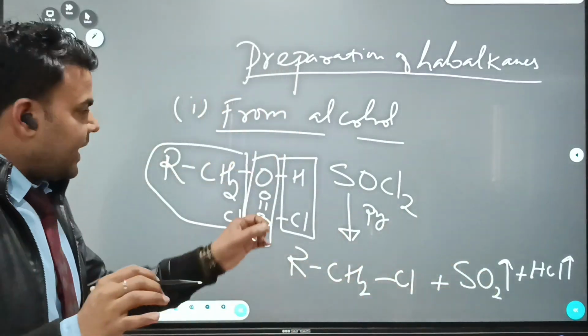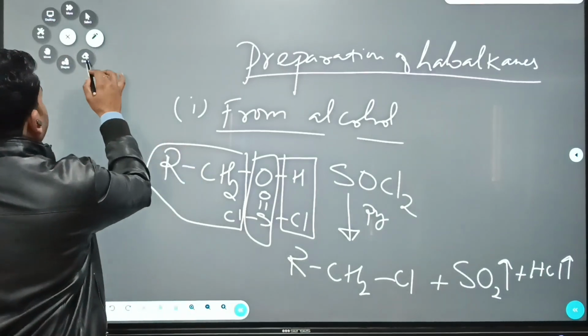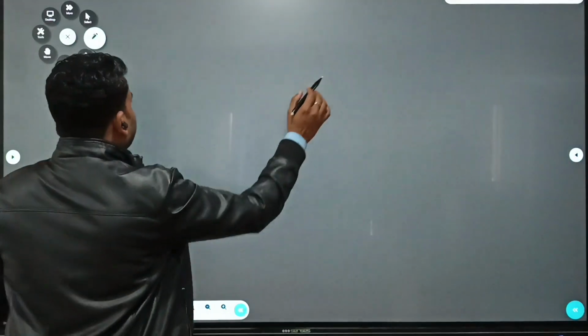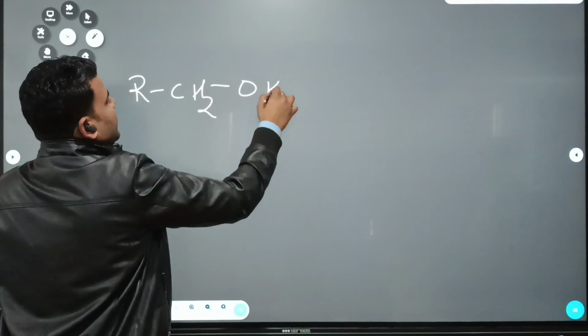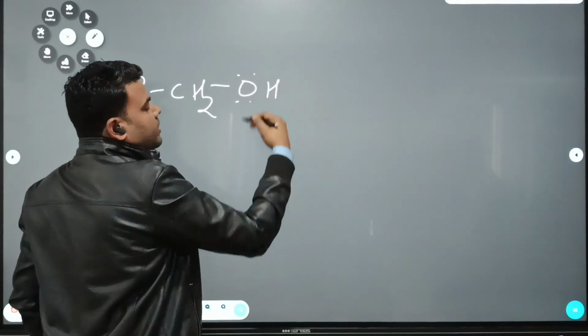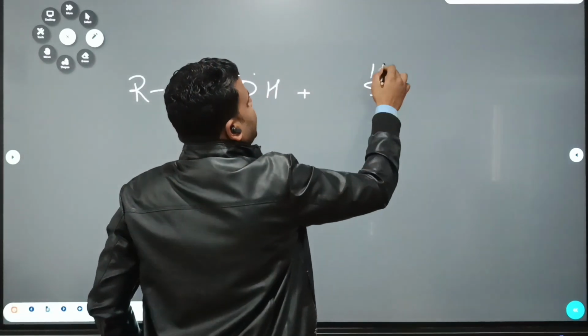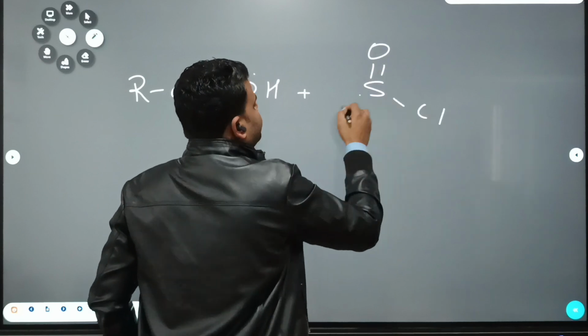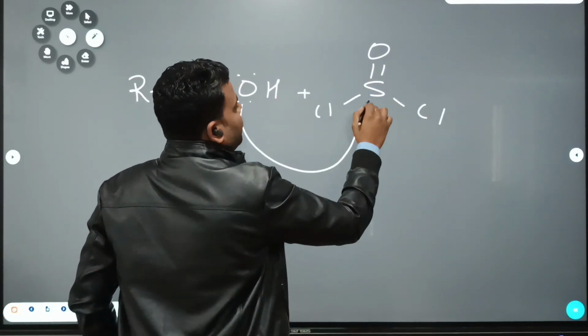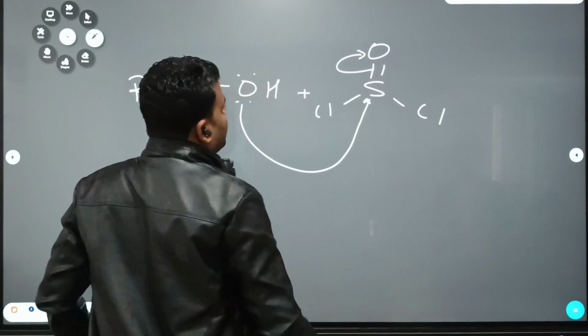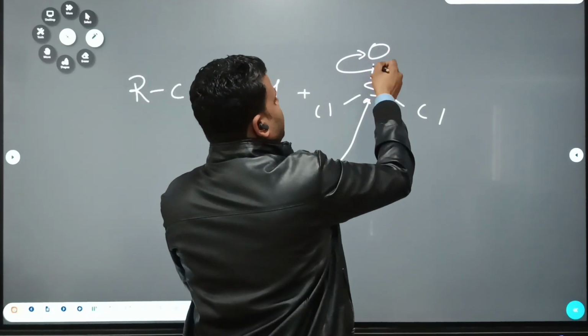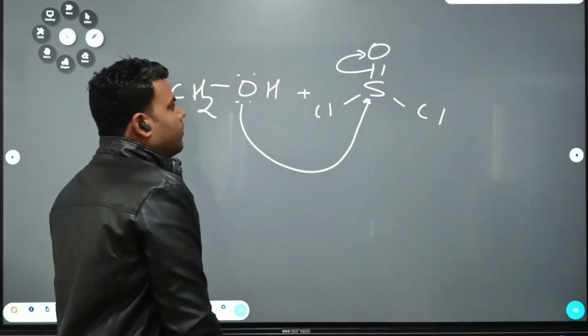Now let me discuss the mechanism of this reaction. In the alcohol, the oxygen has two lone pairs. Next we have this thionyl chloride. Here the lone pair will attack this sulfur, and the pi electrons will move over to the oxygen.